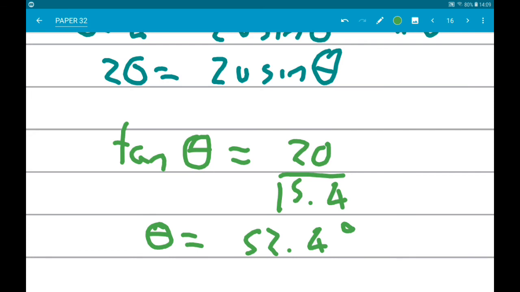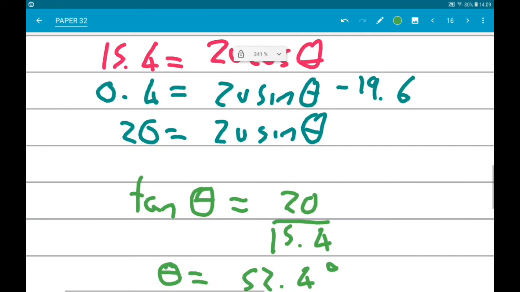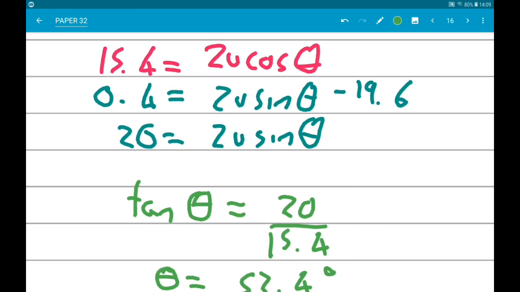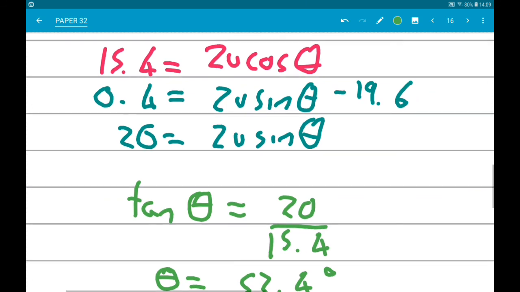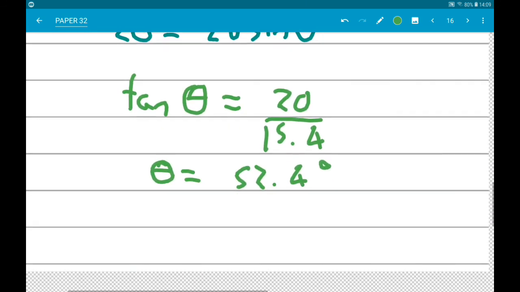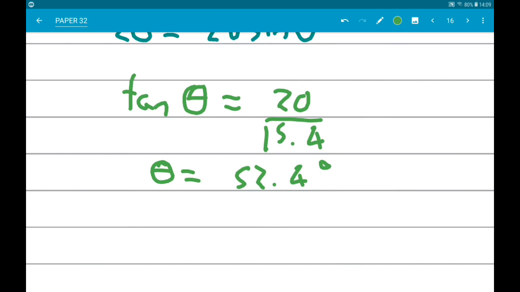Alright, now we can use 15.4 is 2u cos theta to find u. So if we divide away the 2, we get 7.7 is u cos 52.4.